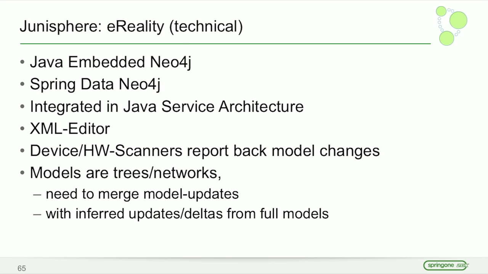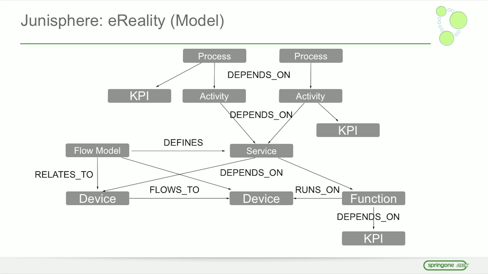Same with the hardware scanners. That's one of their domain models. So they have services that depend on devices. Then they have integrated KPIs, both on the business process things and on the low-level things, and lots of dependency tracking and impact analysis on top of that.